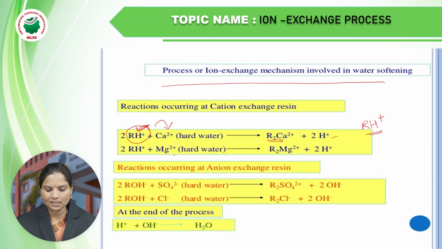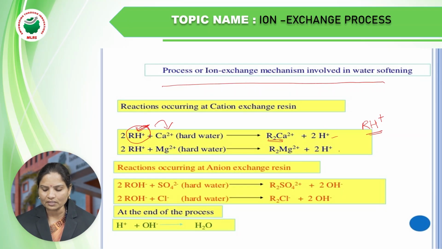For example, if any magnesium ions are present in our hard water, the cation exchanger interacts with the magnesium salts to produce R2 Mg, exchanging the magnesium ions and releasing H plus ions. So H plus ions are released from our first chamber.